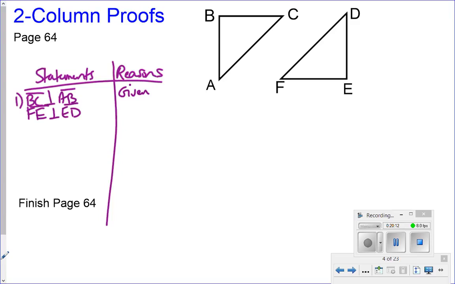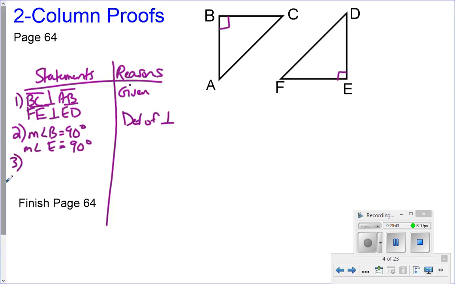So I'm going to mark that in my diagram. All right, I'm going to tell me what that leads me to, which is very similar to that one we did a moment ago, which is that those angles measure 90 degrees. So the measure of angle B is 90 degrees, and the measure of angle E is also 90 degrees, and that is because of the definition of perpendicular.